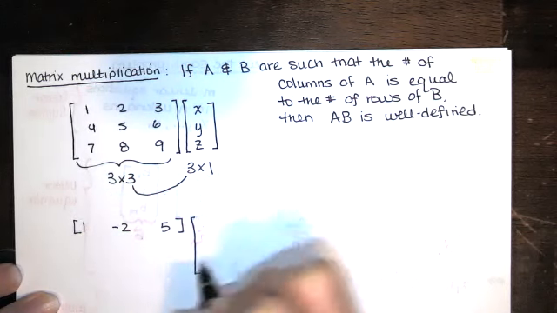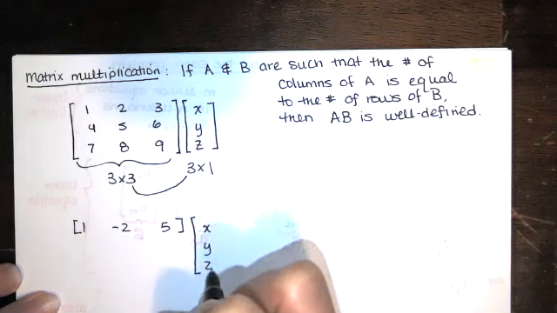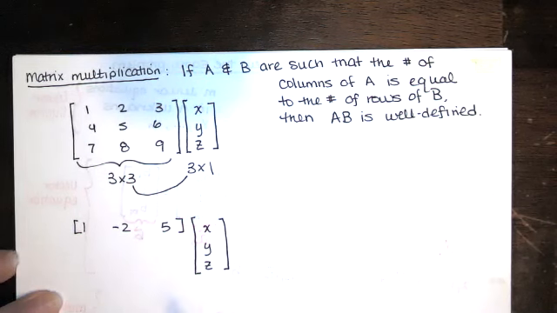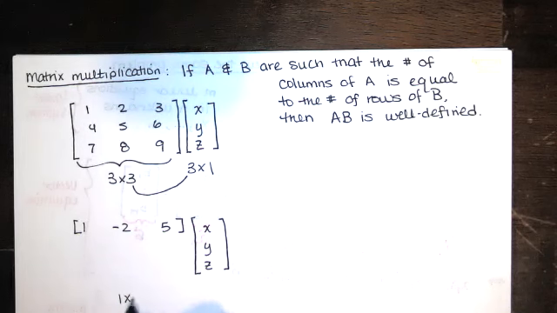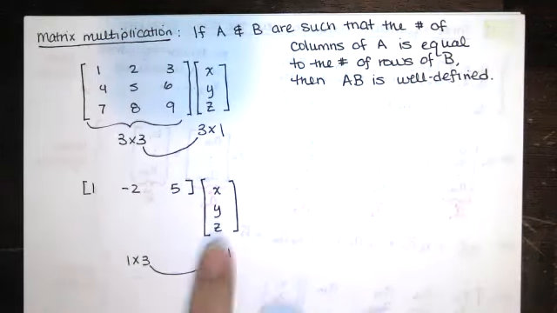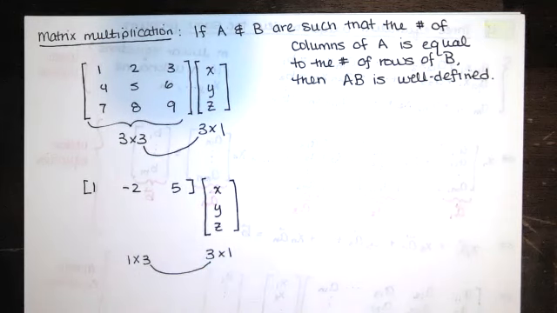And let's say you have another vector that looks like this: x, y, and z. The dot product of those two vectors just comes from multiplying component by component and adding. First of all, notice that I've got 1 row and 3 columns here, and I've got 3 rows and 1 column there. So those match.